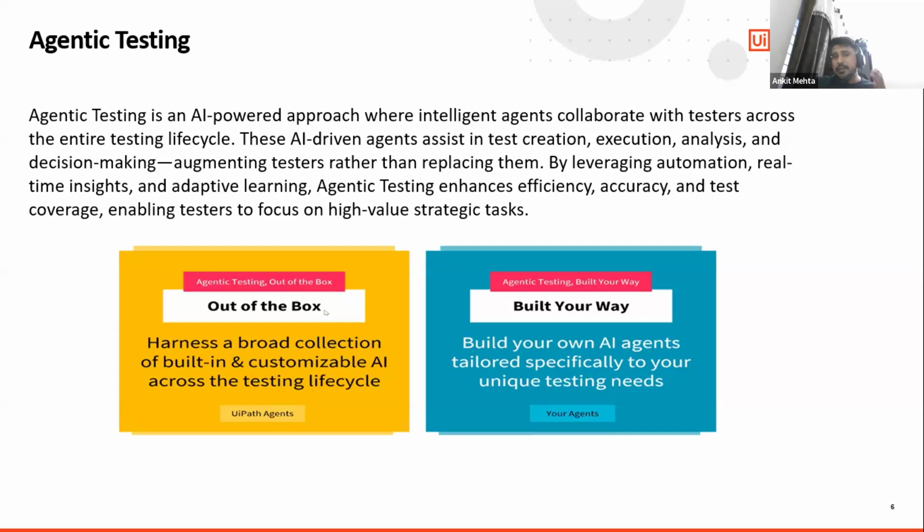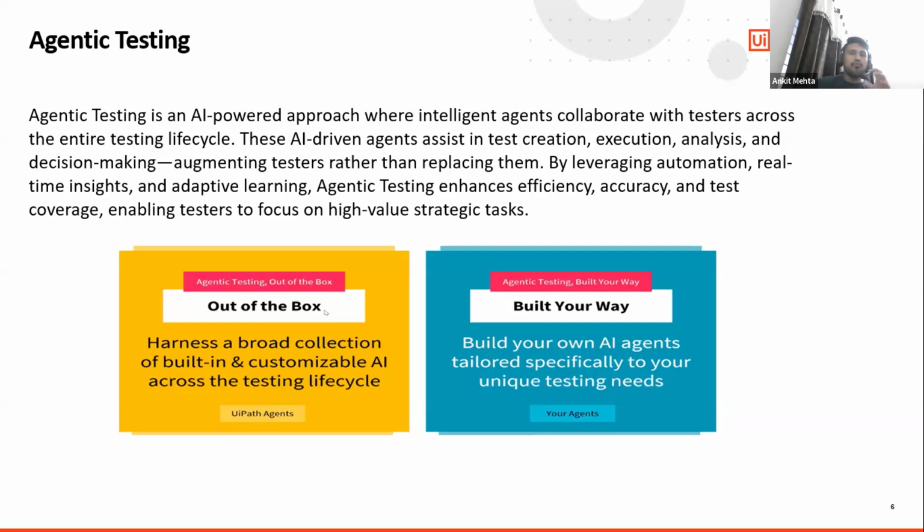Like we have discussed, with the help of the test suite you can create your test cases and manage your tasks, and it will reduce your manual effort. But when we add this agentic AI capability to testing, the agents are smart enough that they can create test cases for you, right? So we are reducing human effort here, but it doesn't mean that we are replacing humans. We are still interacting, and agents are collaborating with you throughout the entire testing life cycle.